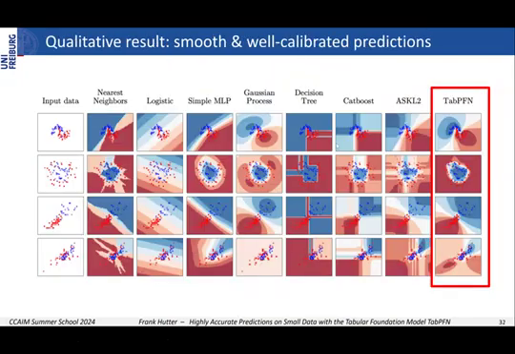So here's a qualitative result, very smooth and well-calibrated predictions. Here we have this classic half-moon data set from scikit-learn, and here we have TabPFN predictions. It's quite simple, quite smooth. Here we have typical predictions by tree-based models that are much more axis aligned. A decision tree is purely axis aligned, and this is an ensemble of different axis aligned methods.